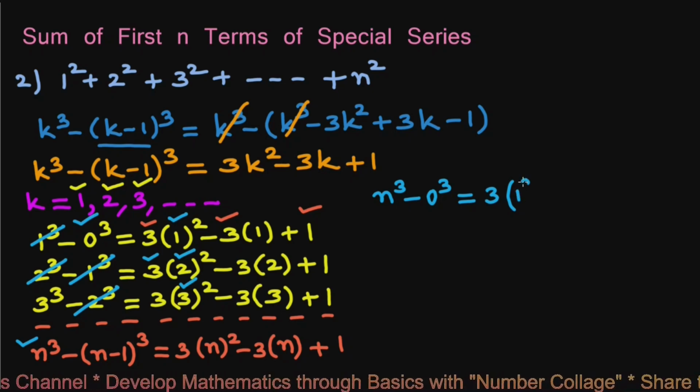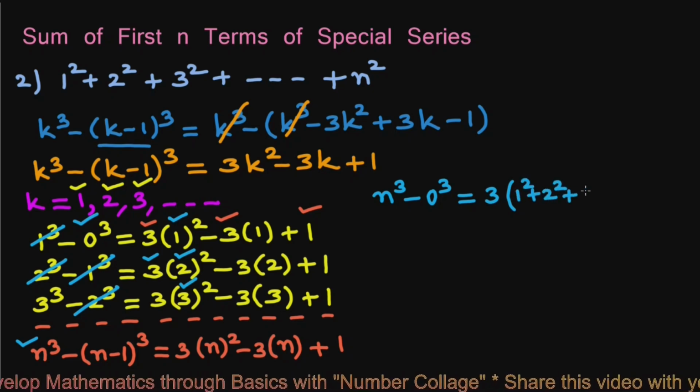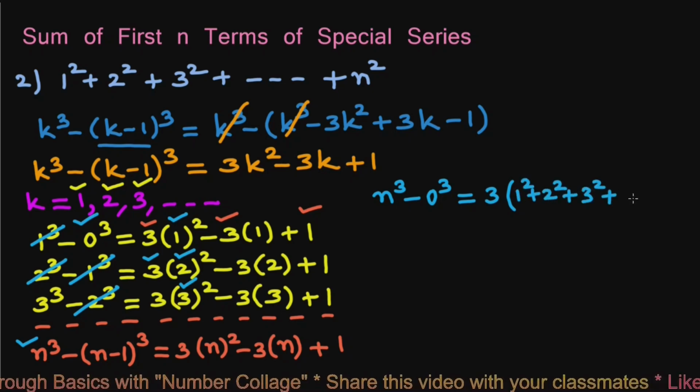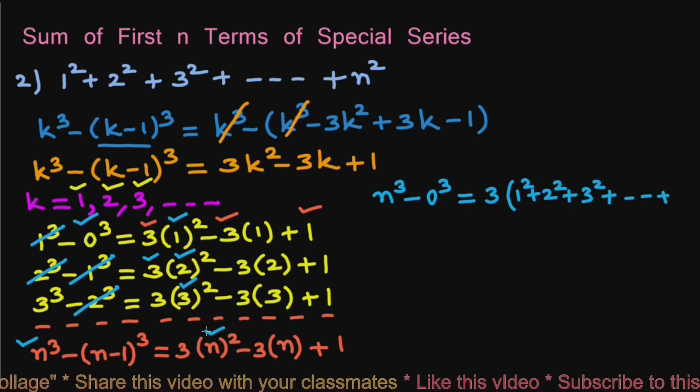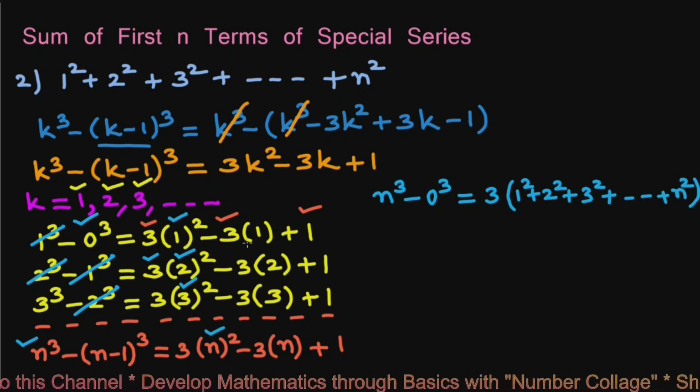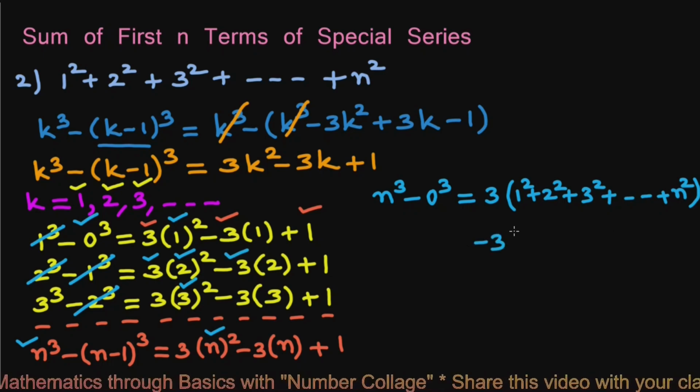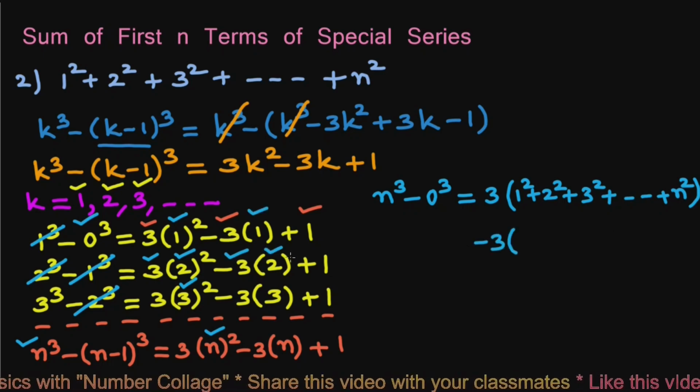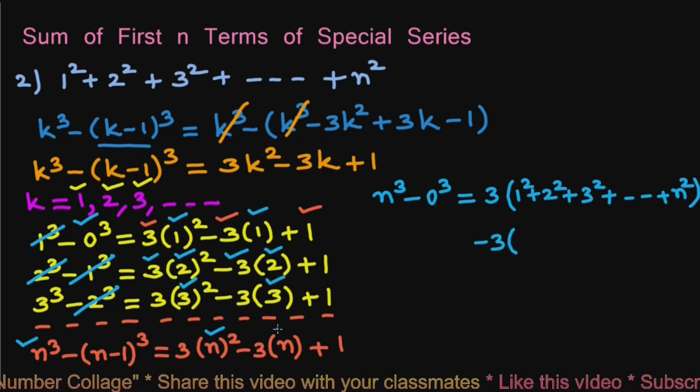So we write 1 square plus 2 square plus 3 square plus so and so forth plus this n square. After that, we write this minus 3 into this 1 plus 2 plus 3 so on and so forth plus n.